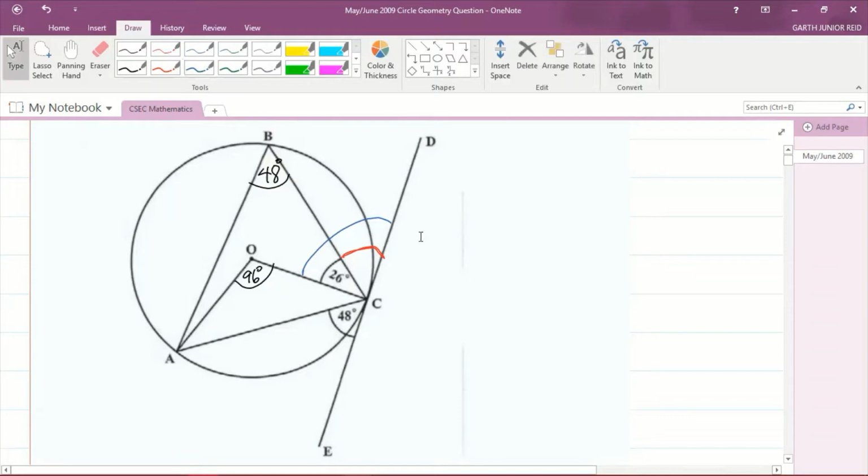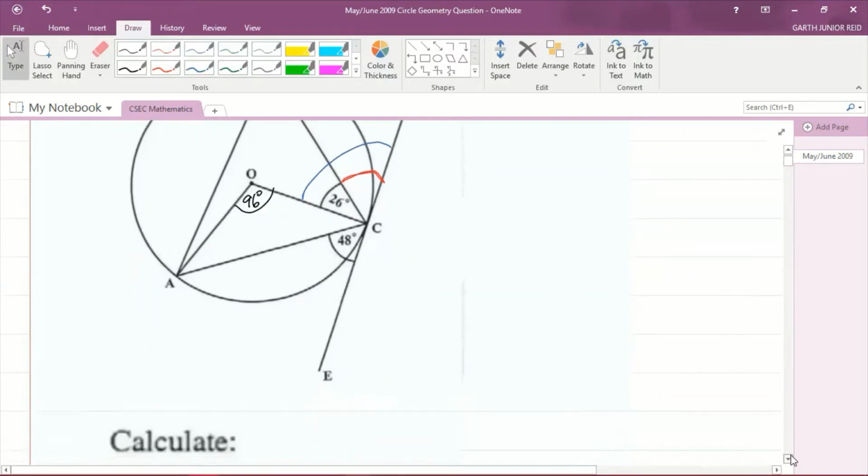So we're going to use that information now to find our angle BCD, all right? Because the bigger angle here is 90 and the smaller angle here is 26 degrees. So I can just subtract the two angles to get our answer, okay?